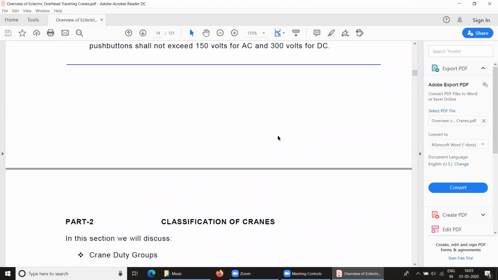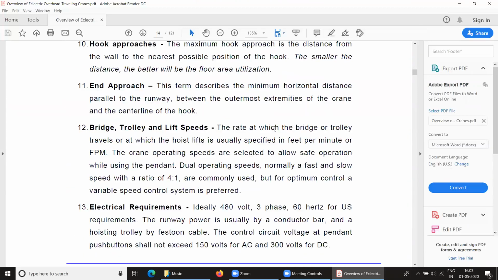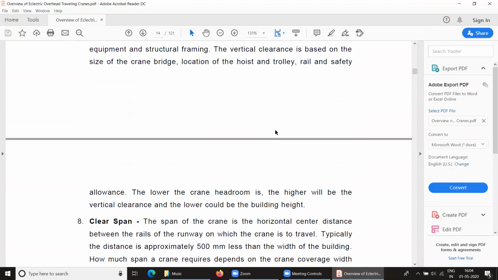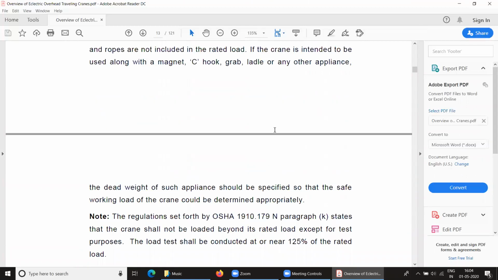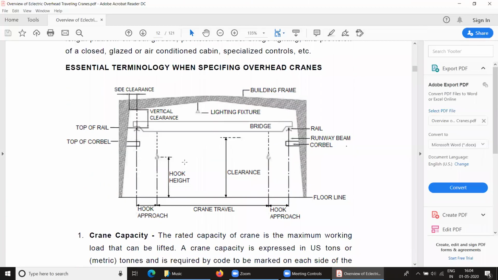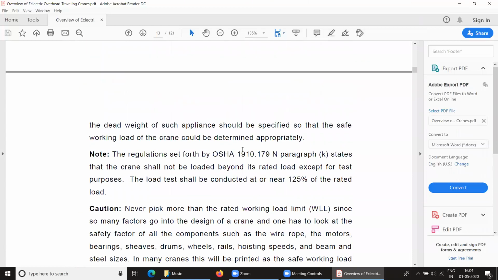These are all part of this crane. So let me show you this figure once again. This is hook height, clearance, the bridge, vertical clearance, top of rail, side clearance, building frame, rail, hook, crane travel and hook approach. These are all part of the overhead crane terminology.